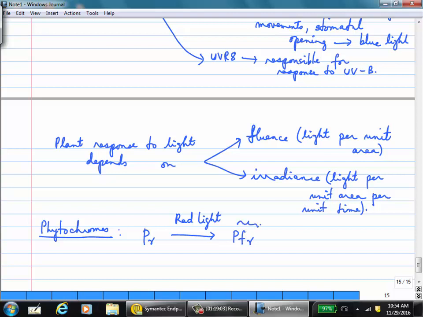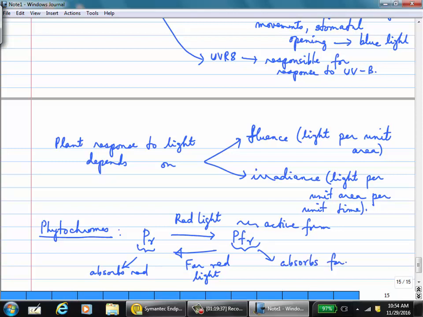This is the active form. Now, if you have phytochrome in the PFR form and then you expose it to far red light, it will go back to the inactive form, PR. So this one absorbs red, and this one absorbs far red. The wavelengths are different.